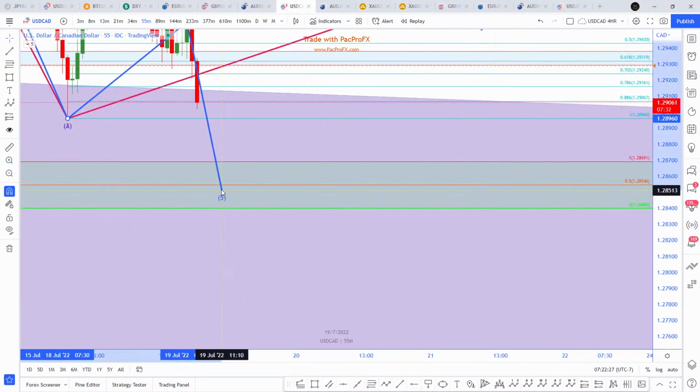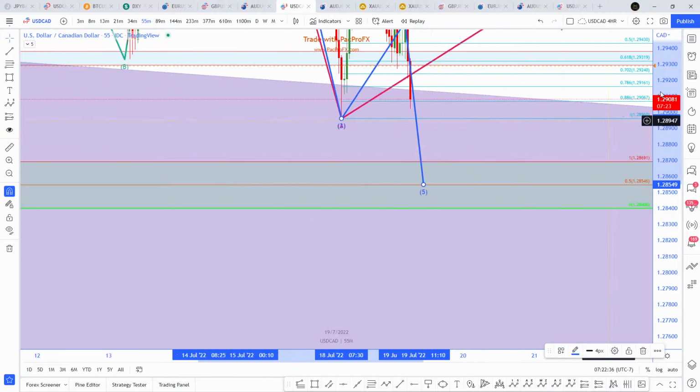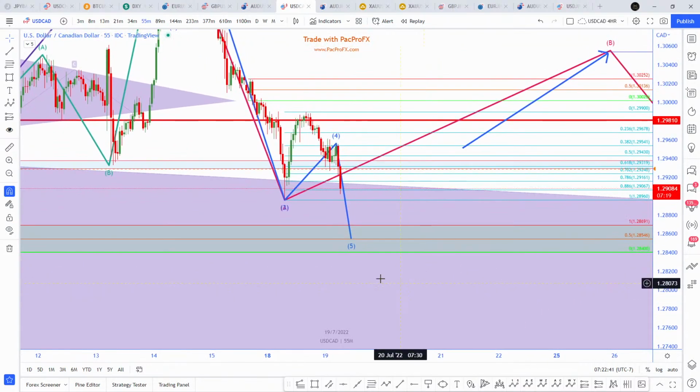So the next stop is all the way down here. I'm telling you, these pairs have been pulling out all the strings lately. So that's where wave 5 is going to end up.